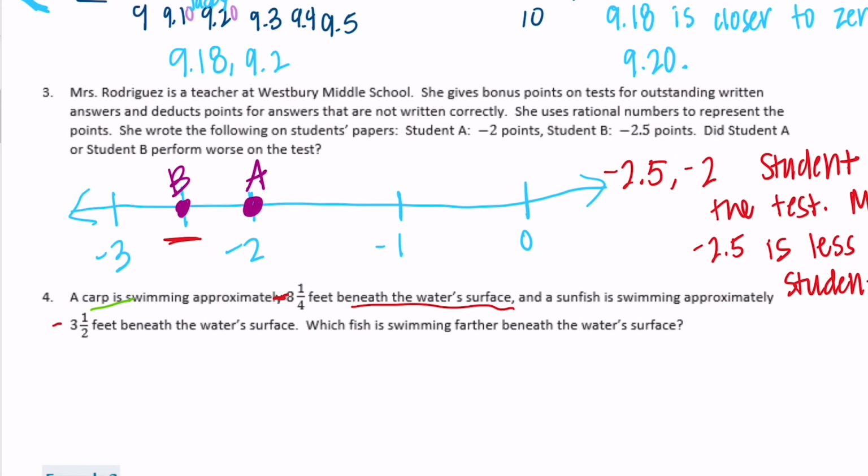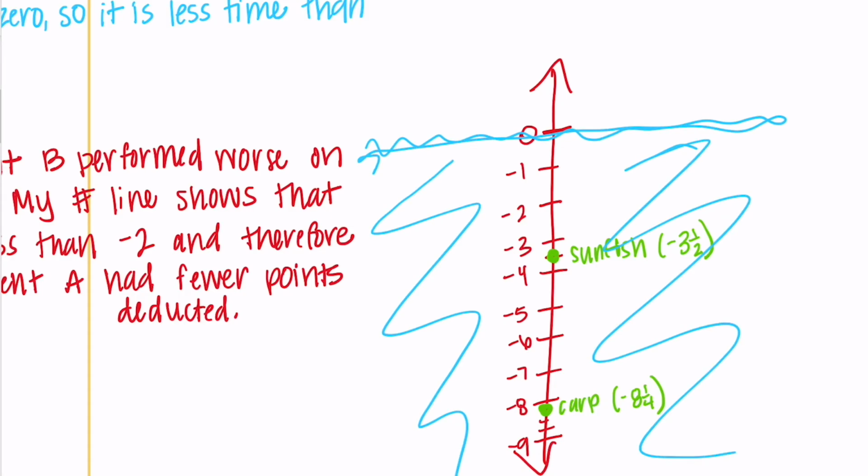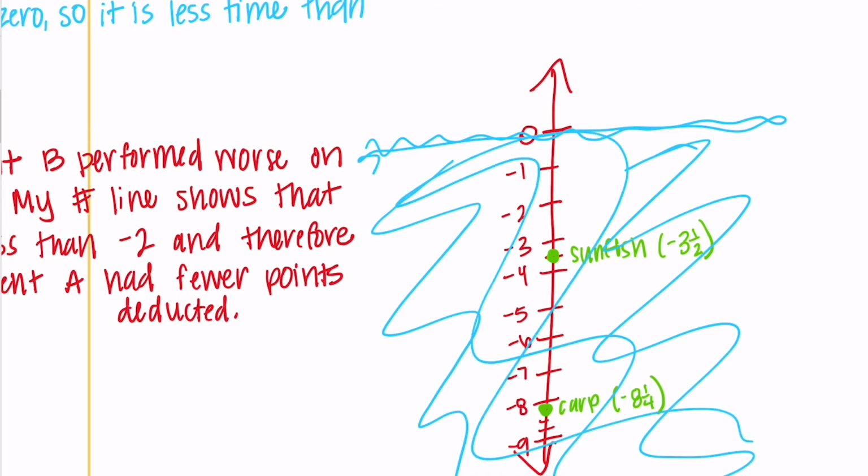So we want to know which fish is swimming further beneath the water surface. You can see that if this was the water, there's the water level. All of this is water. Then who's swimming further beneath the surface? Well, the carp is all the way down here, and the sunfish is closer to the surface.